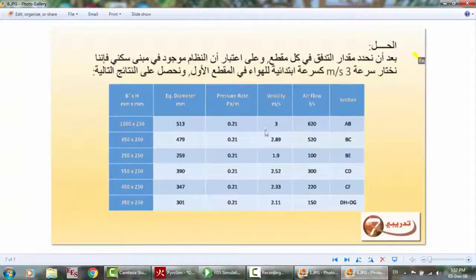So you get the diameter, and then you get the velocity, and you get the equivalent diameter if you want to use a rectangular duct. If you do not need a rectangular duct, you only have to choose this diameter, and that's it.